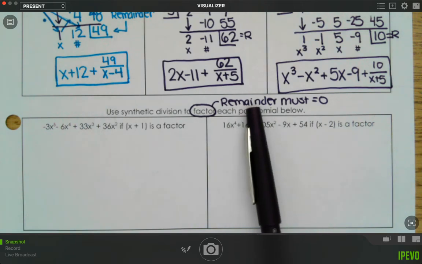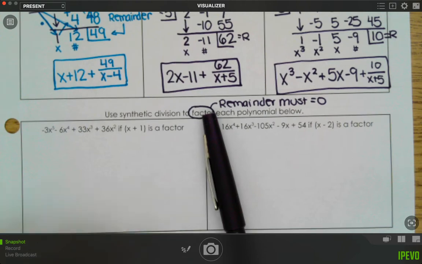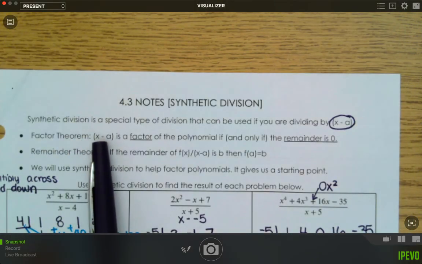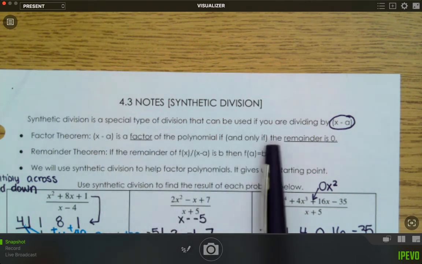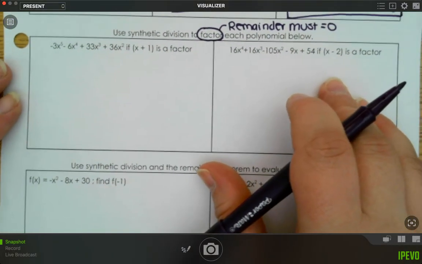And then it's a factor and you can use your answer to factor it. I'm gonna take just a second, pause, come back up to the top. If you divide by this, it is a factor of the polynomial if the remainder is 0. So there was an example at the end of the 4.2 assignment where the remainder wasn't 0. It didn't work out properly, so it wasn't a factor. Okay.